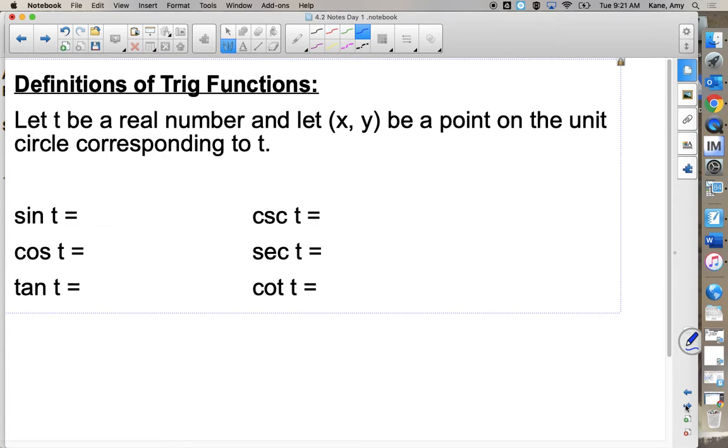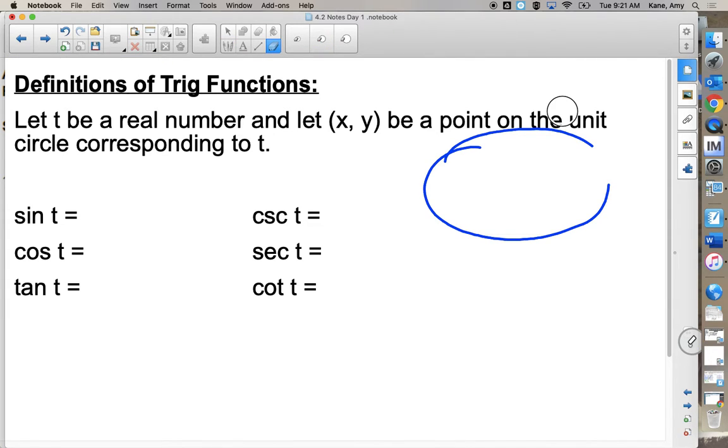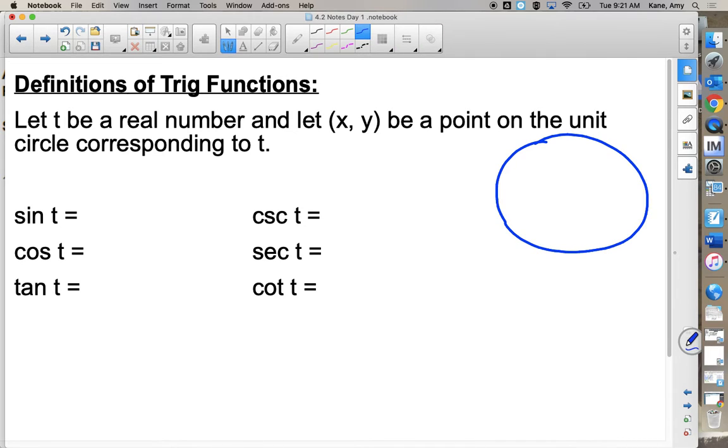And it says xy is a point on the unit circle. So draw yourself a circle. Make mine a little better. That's a little better. I'm going to draw in the xy axis because the unit circle is really on top of our xy axis that we've worked with through all of algebra.